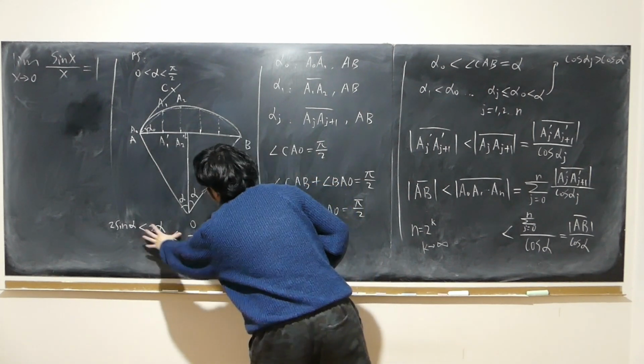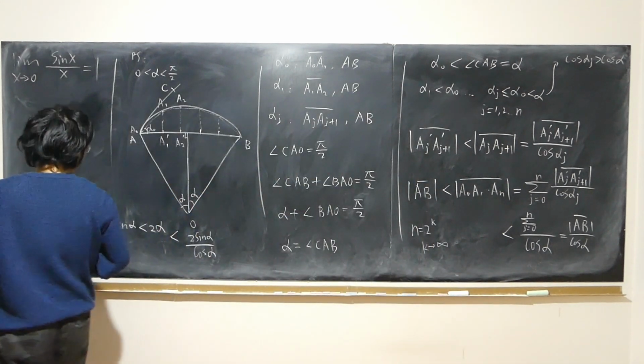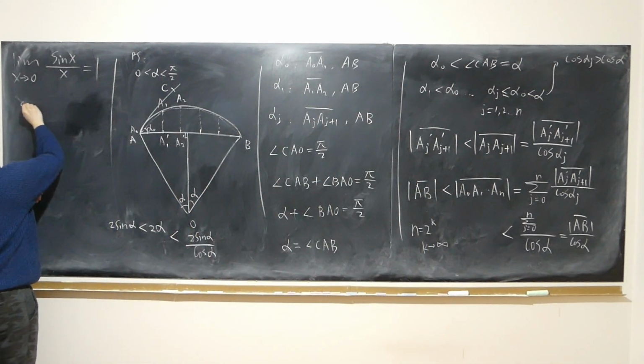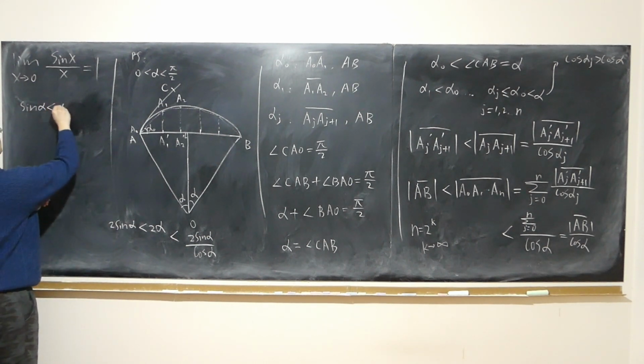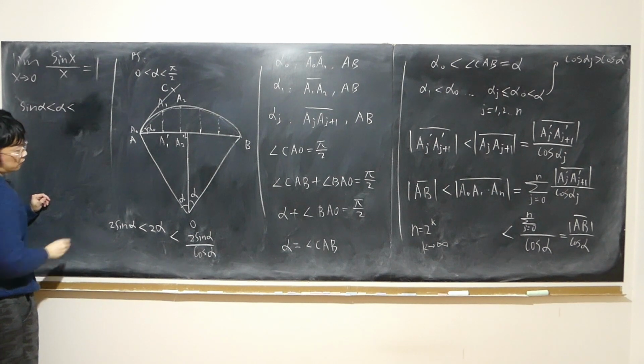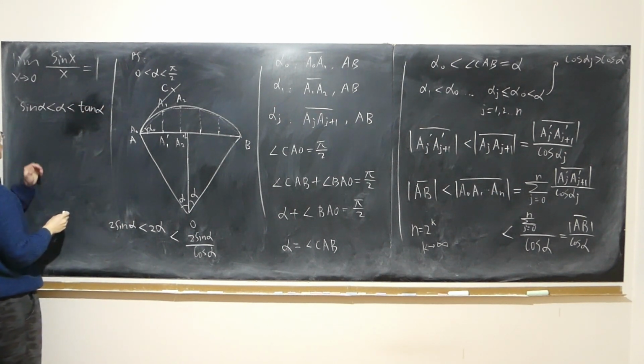And this is the inequality. So which means I have sine alpha is less than alpha is less than tangent alpha. And this is the inequality I have.